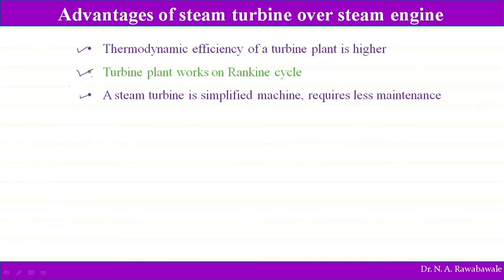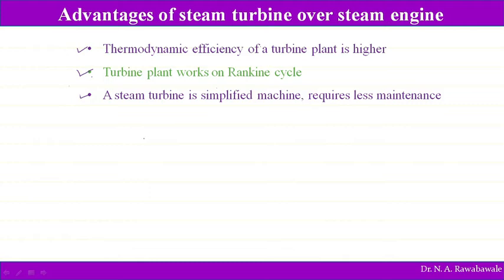It has a balanced part, or balancing is perfect, whereas in case of a steam engine, balancing is not so perfect and there is friction. But in case of a steam turbine, very little friction is observed, only where the bearings are supported. In the steam engine, the friction is between the piston and cylinder and various components such as the connecting rod.